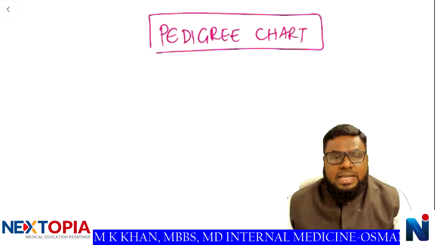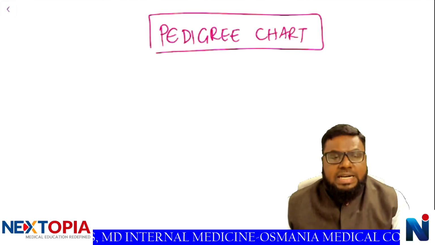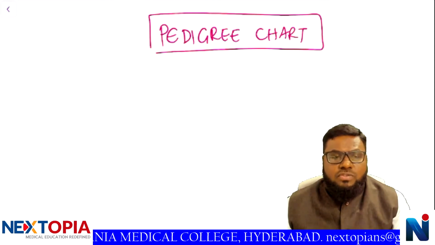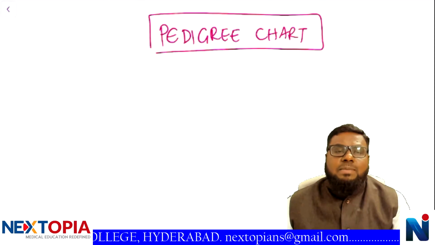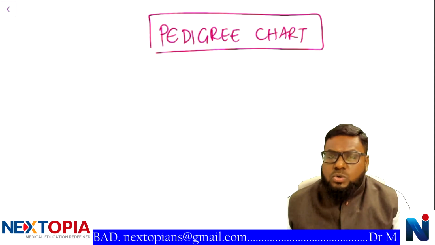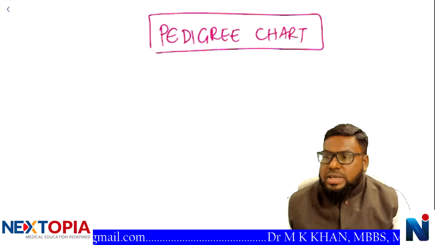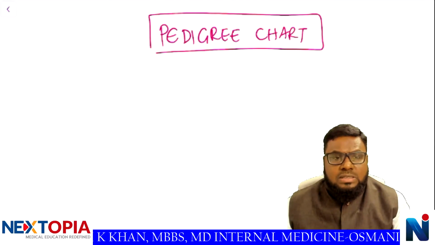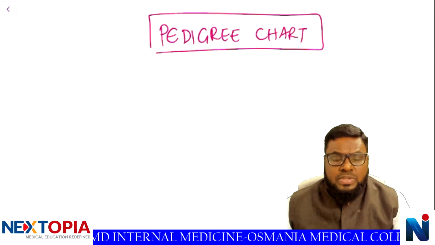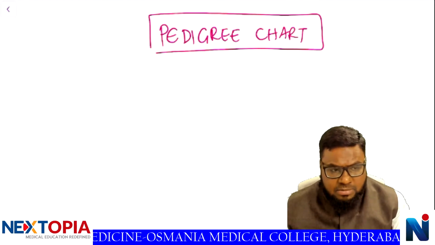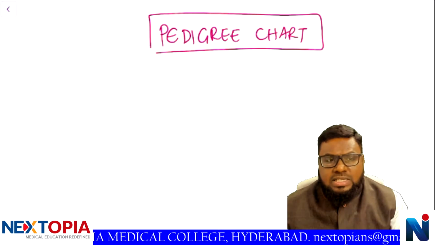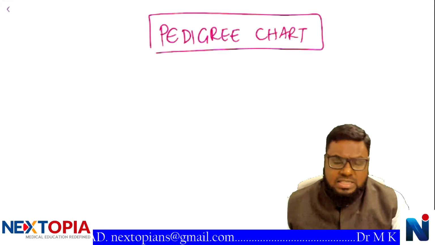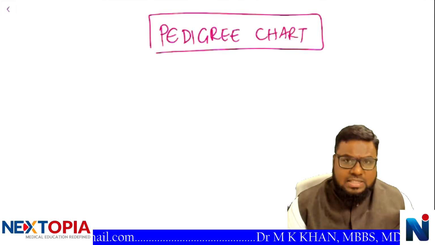To understand the pedigree chart, please remember it's a pictorial representation of generations of a family, showing the information of all the family members. If you want to show all the family members' details, whether the mother and father are consanguineous, that is related to each other by blood relation, live birth, stillbirth, deceased birth, we discuss it like this.